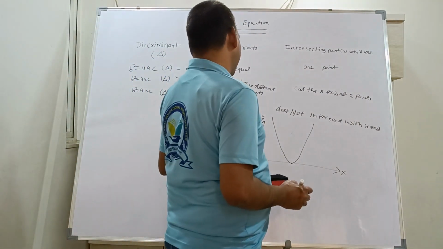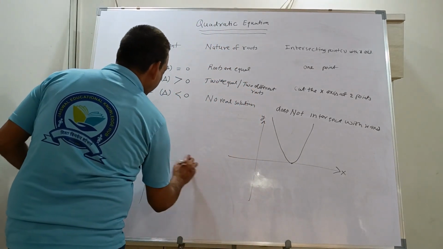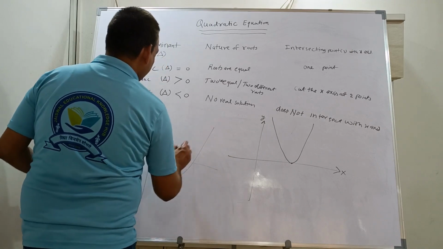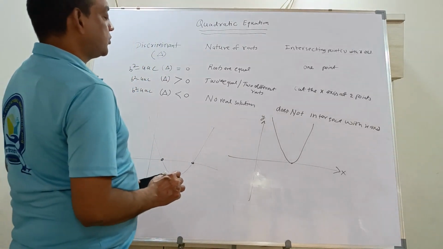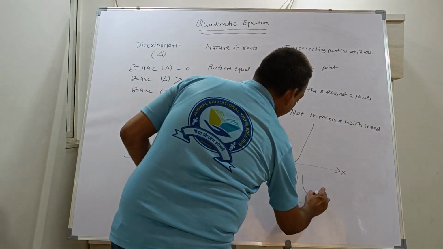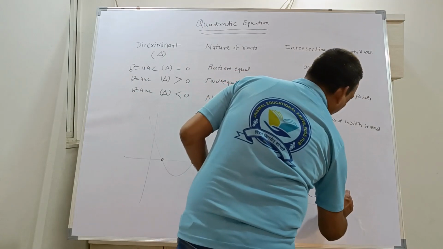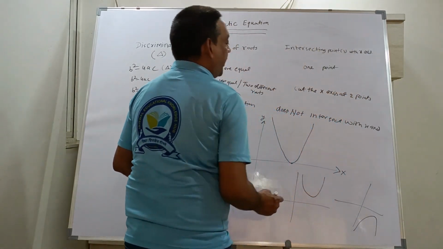If b square minus 4ac is greater than 0, then the graph goes this way, intersecting at 2 points. And when b square minus 4ac is less than 0, either the graph will be above the x-axis or below the x-axis, never intersecting it.